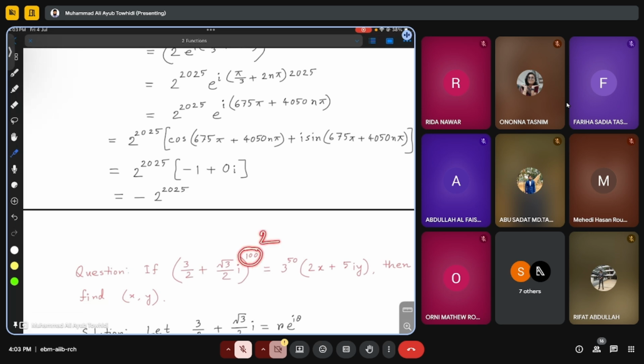If it was just 2 or square, it would be easy to use the square formula, or for cube, we can use the cube formula. But for higher powers, it's not easy to use those types of formulas. Now, what can we do for such a big number, say 100? What can we do? Remember anything from our previous classes?